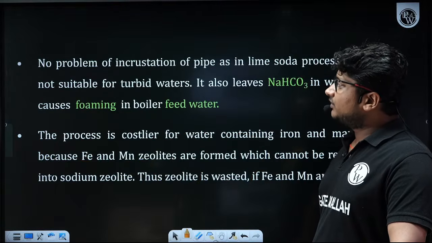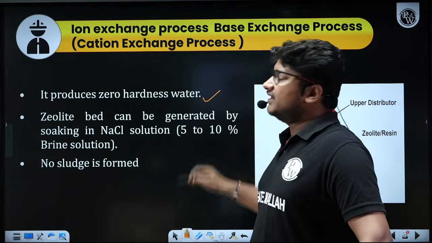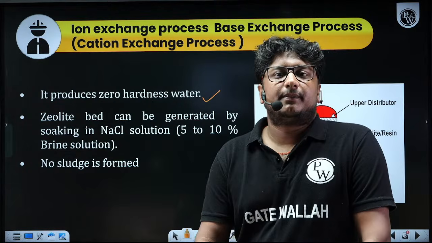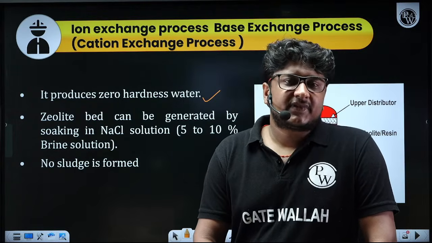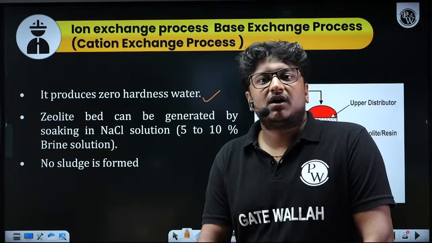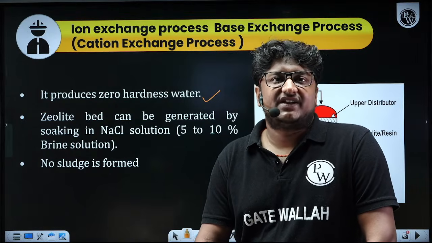Now, the good thing about the ion exchange process is that it completely removes the hardness. It does not discriminate between temporary hardness or permanent hardness. Any type of hardness will be removed by this process.